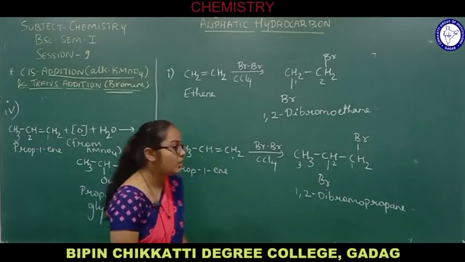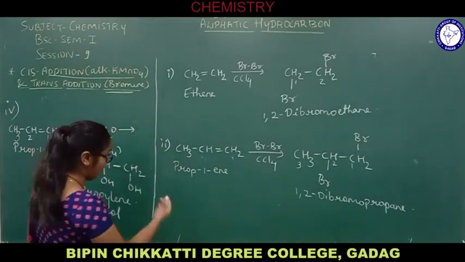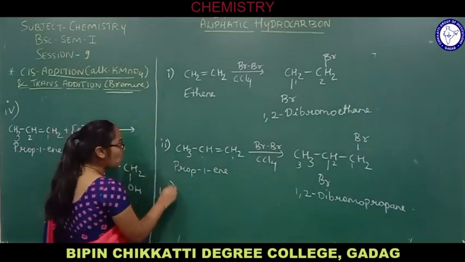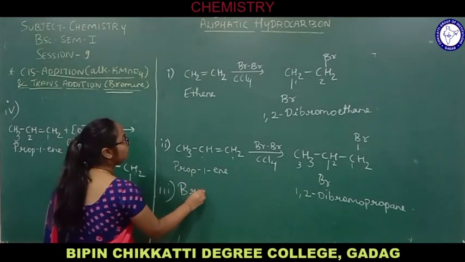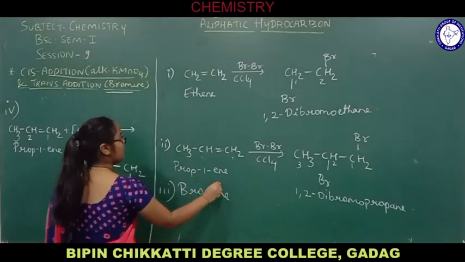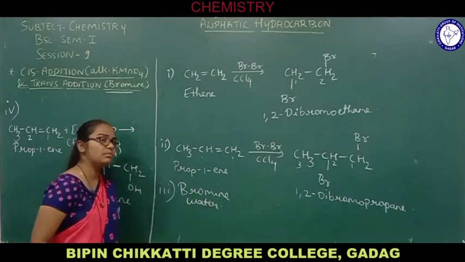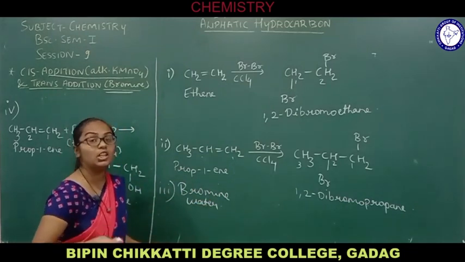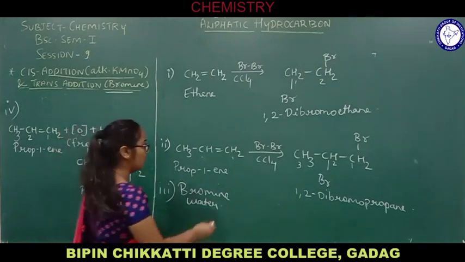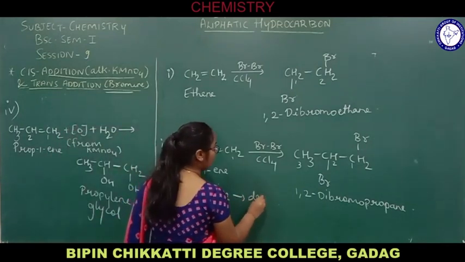So how will that test take place, let's write down over here. Now bromine water is basically not brown but a little yellowish, a deep yellowish color.